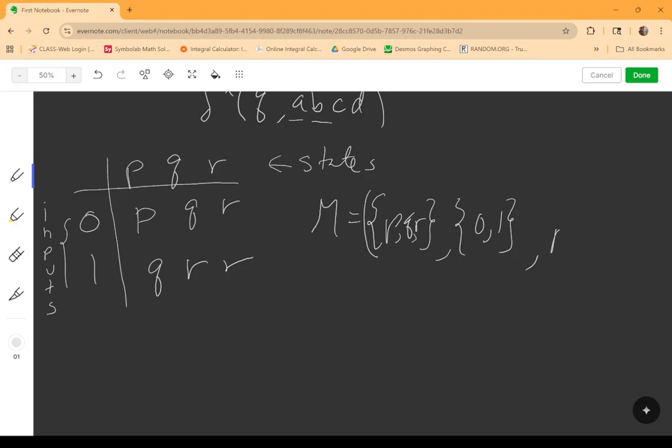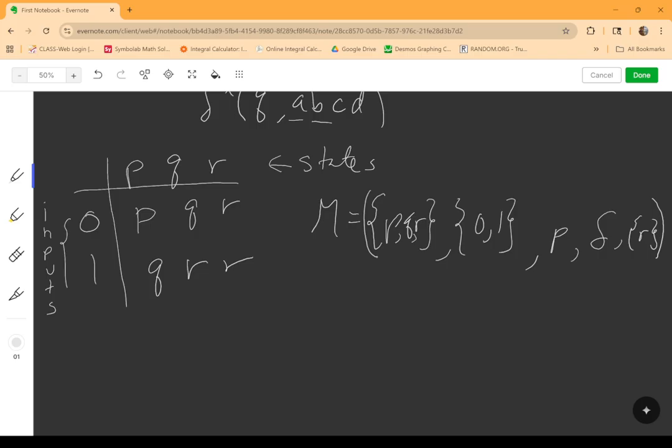We designate P as my starting state, and delta as my function, which I'll define in a second. My ending state set F consists of one element, that being R. That is my accepting state.